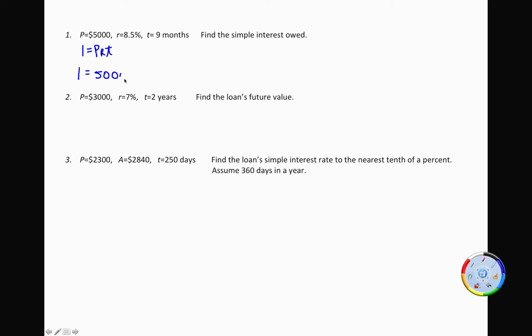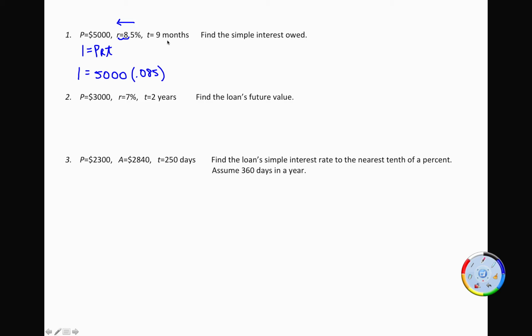Now I do have to convert that rate to a decimal. So instead of 8.5, because we're starting with a percent and I want to go to a decimal, I would move the decimal point 2 places to the left: 0.085. And time has to be in years.